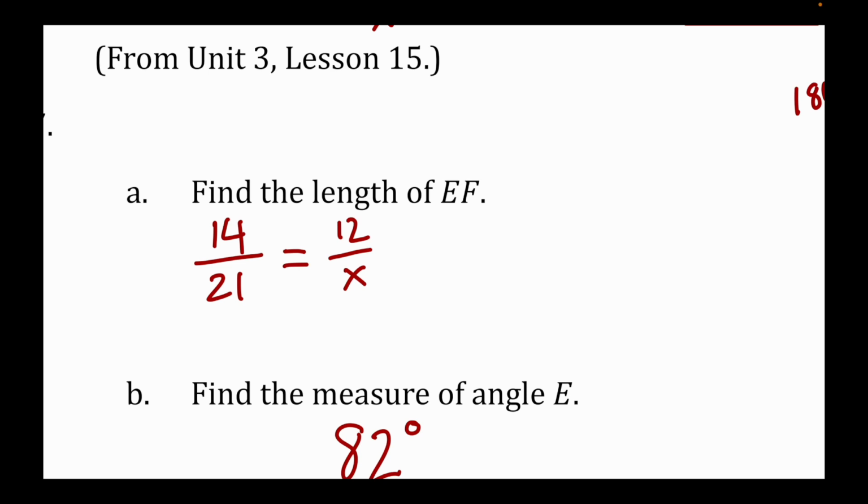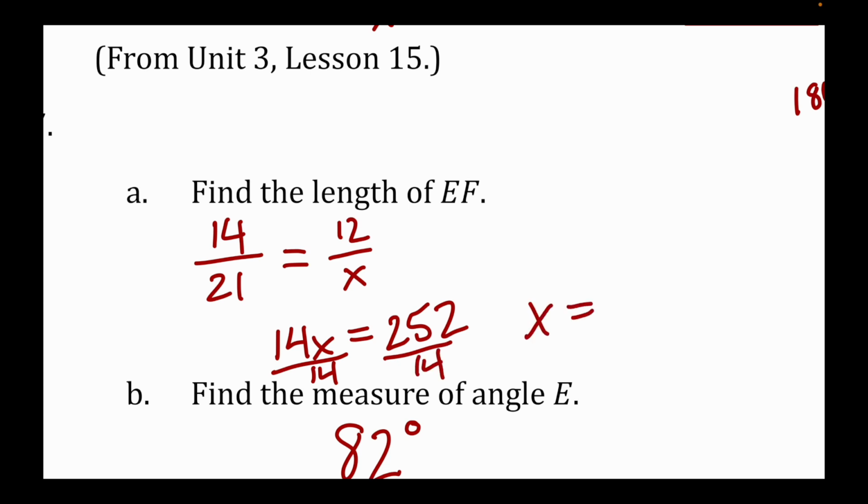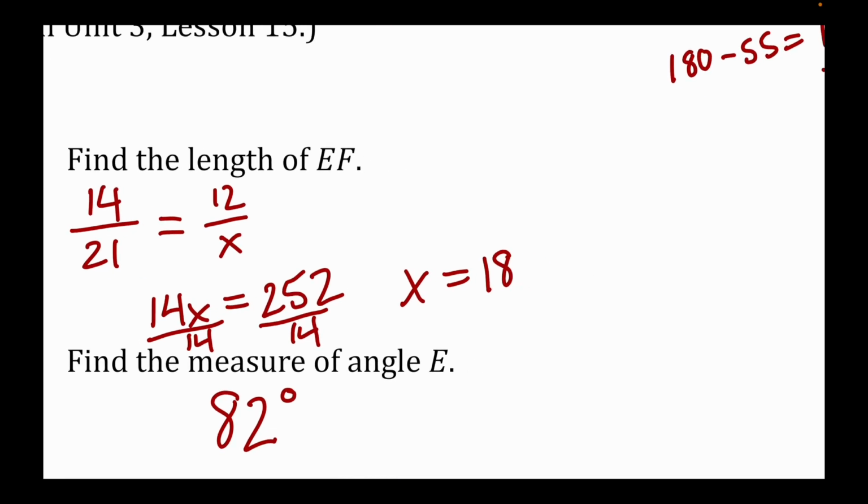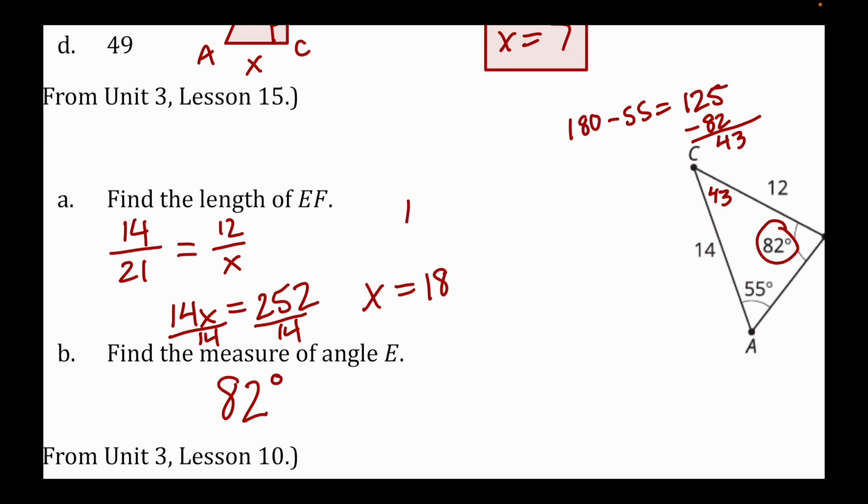Now we can say 14x if we cross multiply, and then I'm just going to multiply 21 and 12 together, and that gives us 252. Last step here is to divide both sides by 14. And that is going to give us x is equal to 18. Or basically EF is going to be equal to 18. That's our answer.